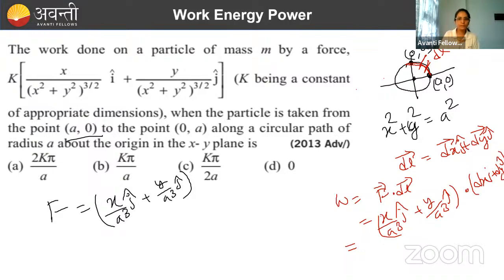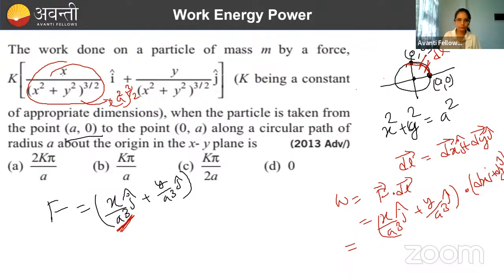How did I write F? In the x direction, the force acting is x by (x square plus y square) to the power 3 by 2. And x square plus y square is equal to how much? A square, since I have written the equation of the circle. So in this place I am writing a square. So a square to the power 3 by 2: the square and the power 2 get cancelled and a cube remains. Got it?